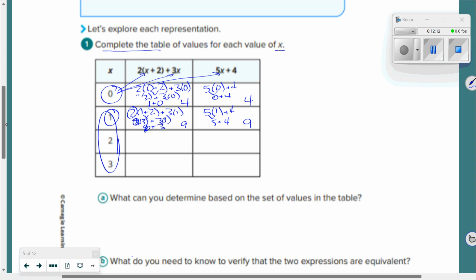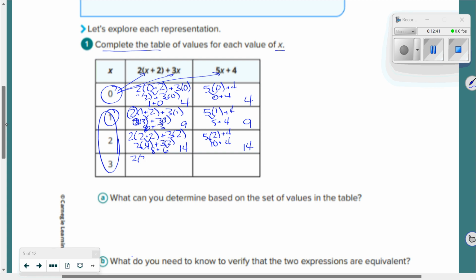This one, you've got 2 times (2 plus 2) plus 3 times 2. 2 plus 2 gives me 4. 2 times 4 plus 3 times 2. 2 times 4 gives me 8, 3 times 2 gives me 6, and 8 plus 6 gives me 14. 5 times 2 plus 4: 10 plus 4 gives me 14.